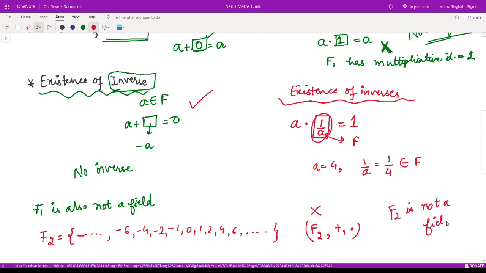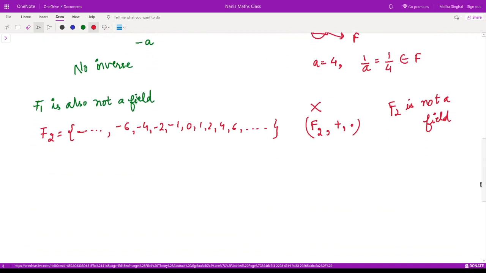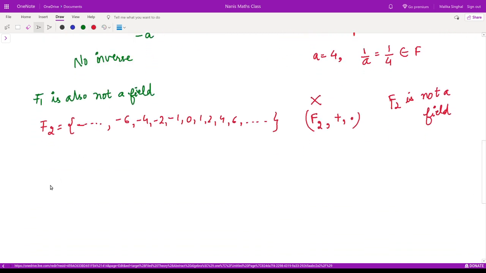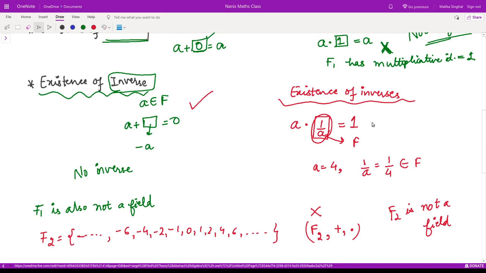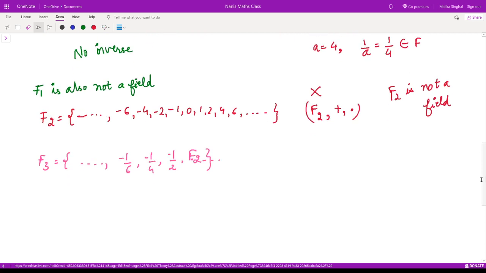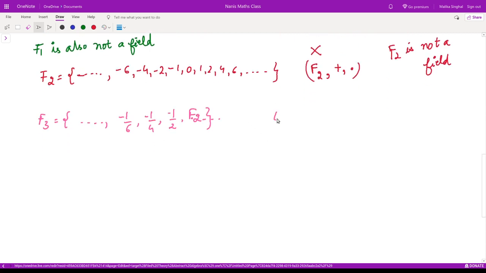So what should we do so that we make it a field? We construct another set. Now it contains all the rational numbers as well, in addition to F2. So now this property is also satisfied. That means for every number we have the additive as well as multiplicative inverses. So we say that this set is a field.